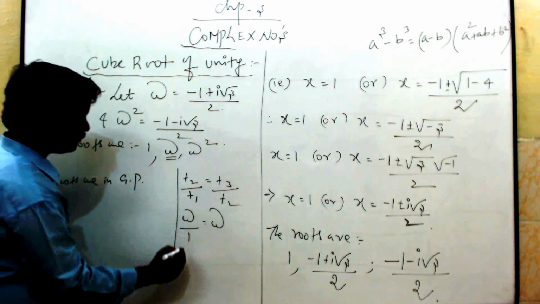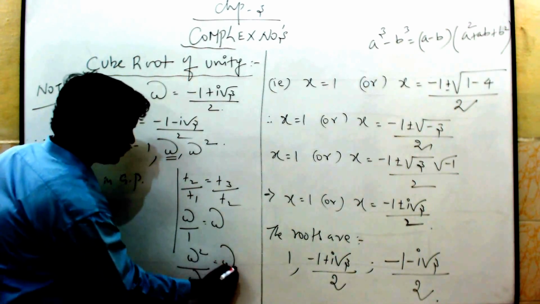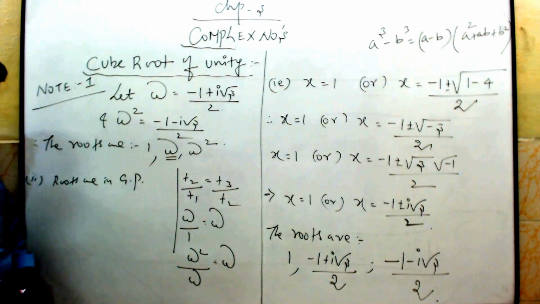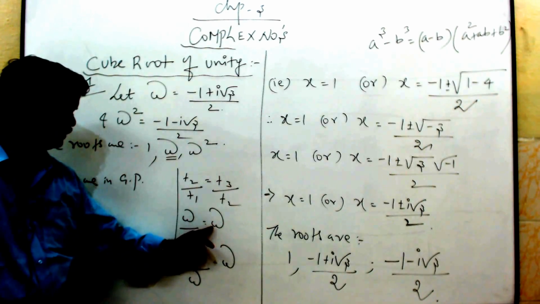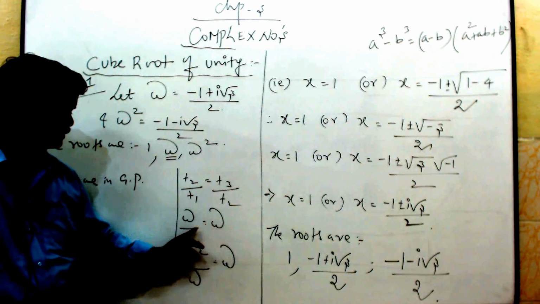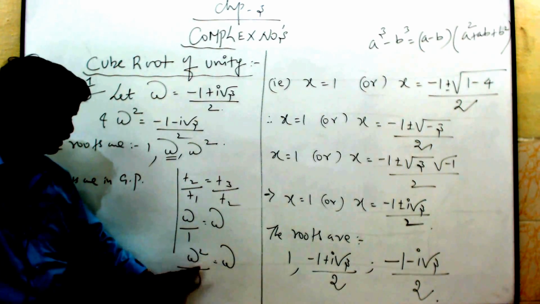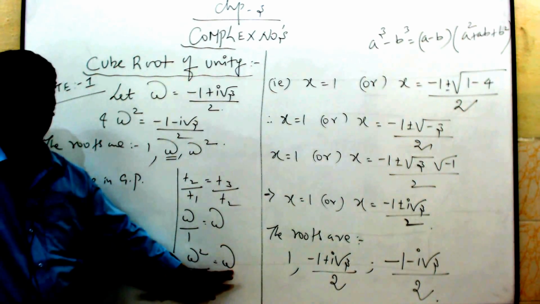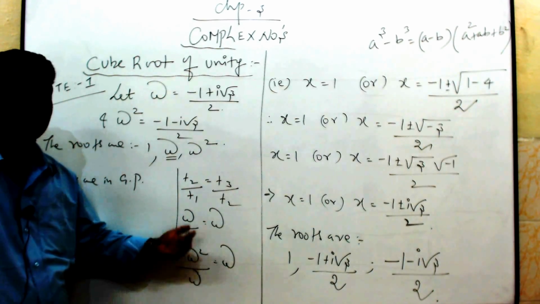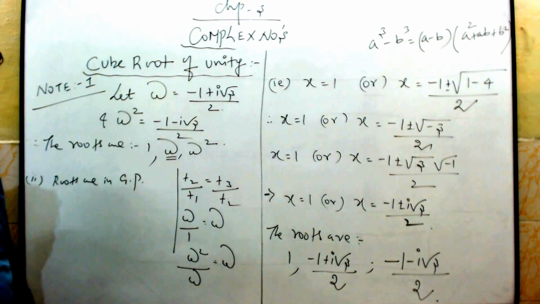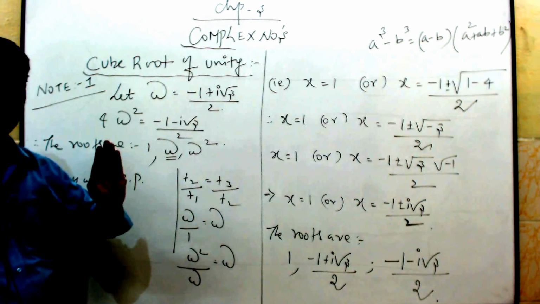Similarly, omega square by second term omega is omega only. ரெண்டுமே சேமா இருக்கா? காமன் ரேஷியோ. கான்ஸ்டன்ட் ரேஷியோ இஸ் வாட்? Omega. Because omega by 1 is omega, and omega square by omega is also omega. So constant ரேஷியோ இருக்குன்னா என்ன அர்த்தம்? ஒரே மாதிரி ரேஷியோ வருது. That is why it is called common ratio. So here the common ratio is omega. That is why we say that the roots are in geometric progression.